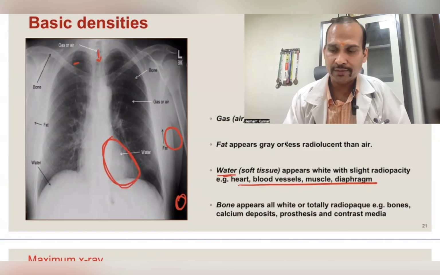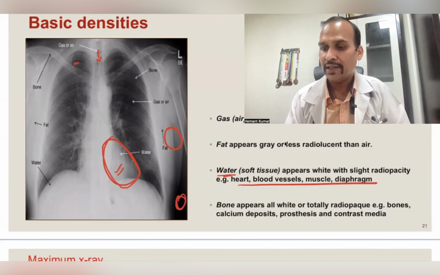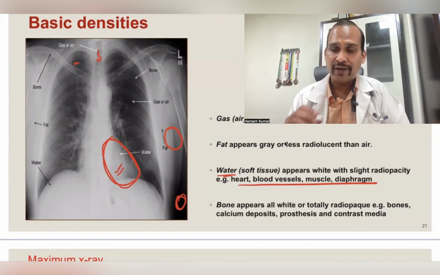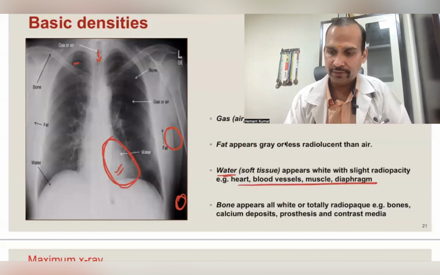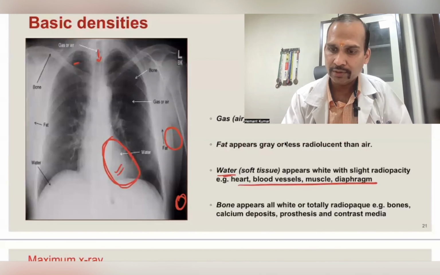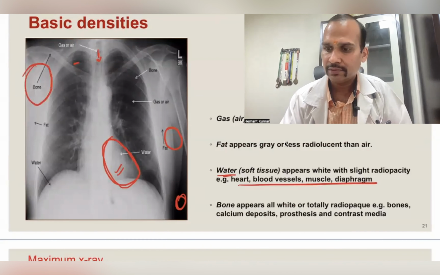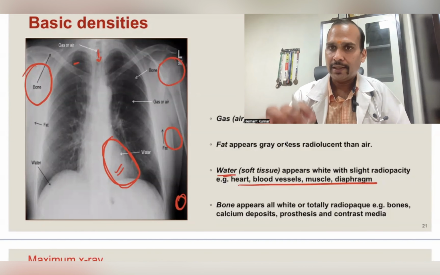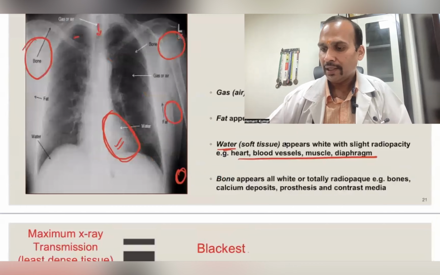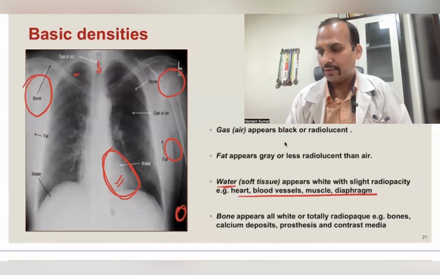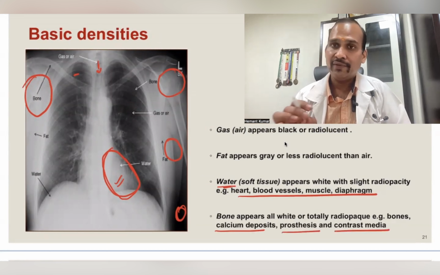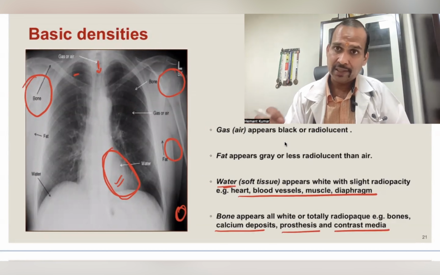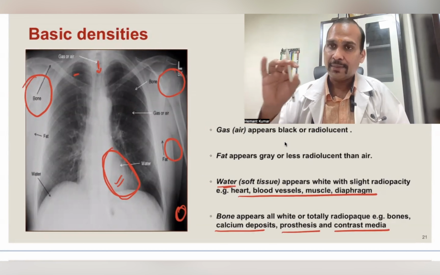Blood is water, so it looks white. Bone will look more white than water. See, this is bone, more white than liquid. And more than bone, calcium deposits, prostheses and contrast media will be whiter, and the whitest thing is metal.